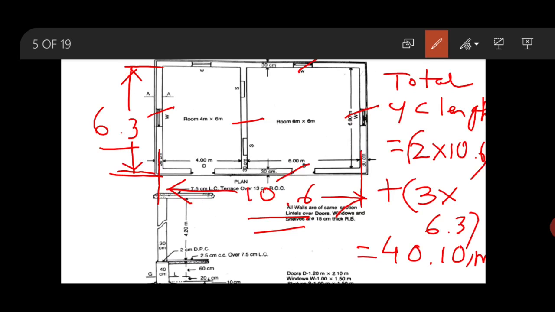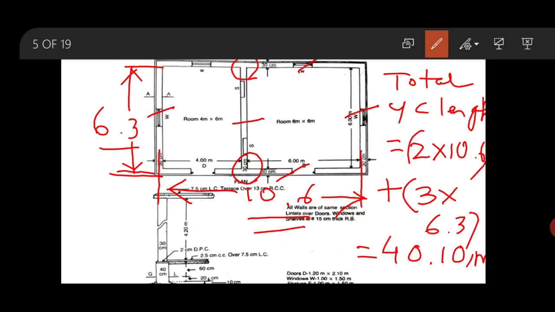Then for calculation of quantity, as we have discussed just now, this building has two junctions. So for finding out the total center to center length, at these two junctions we are getting some excess portion, so we need to subtract that.